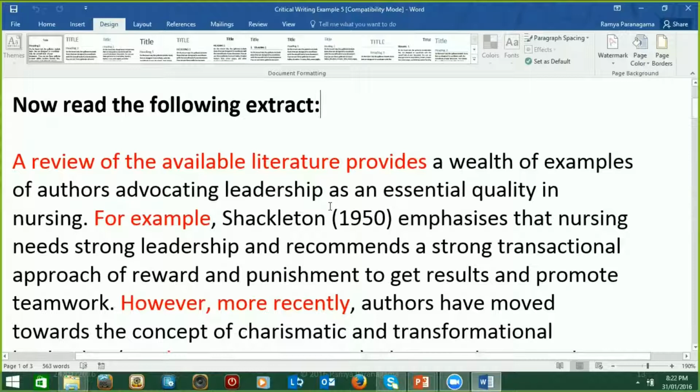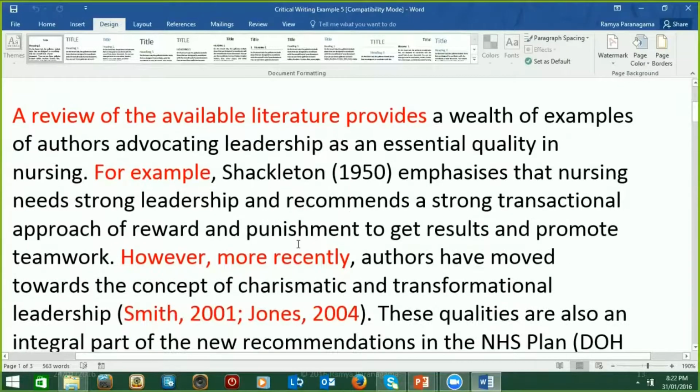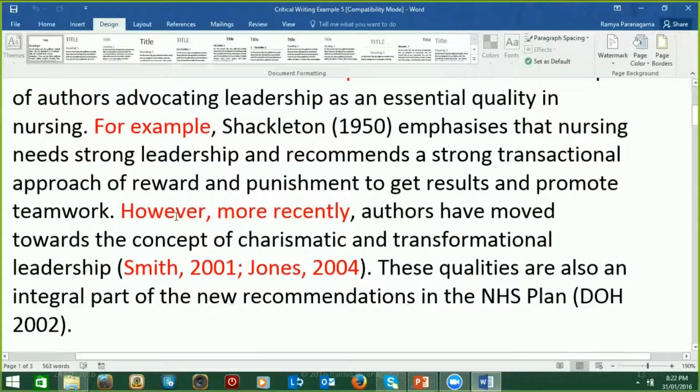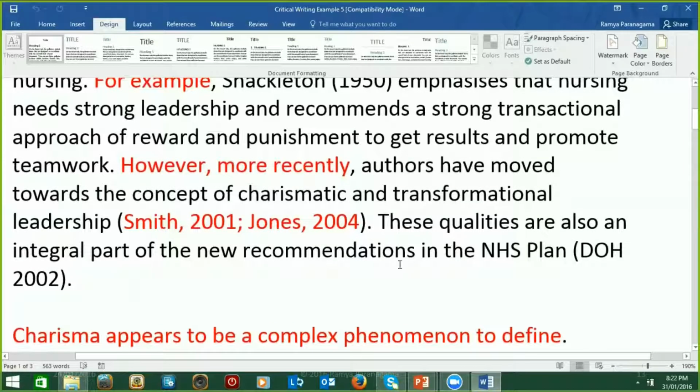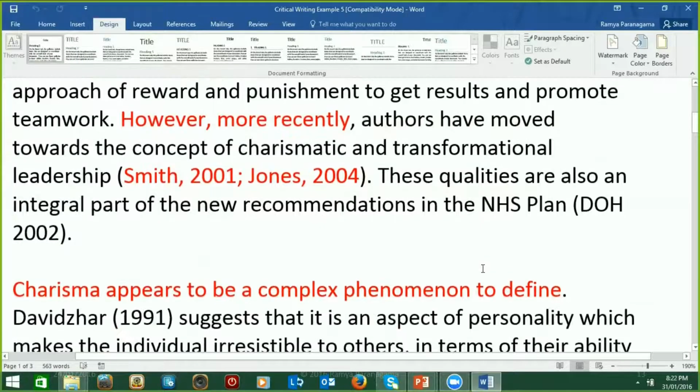Then the writer gives, for example, Shackleton 1950 says what, right? Then it says, however, more recently, authors have moved, bringing in two authors, 2001 and 2002, that's fine. But those two bring similarities there. Then it proves these qualities are also an integral part, bringing in another author to support that view.